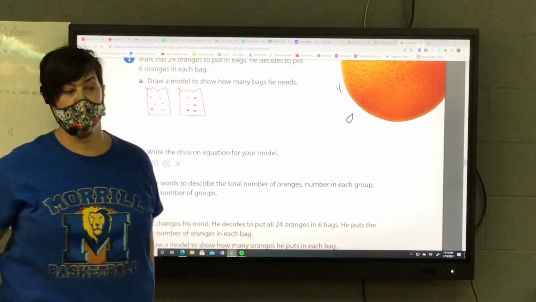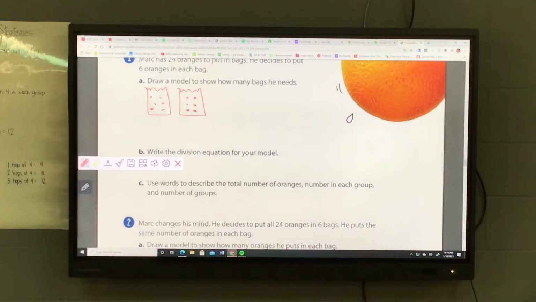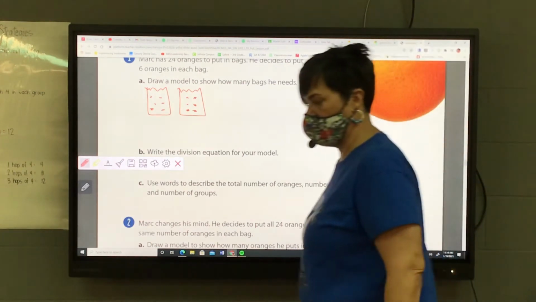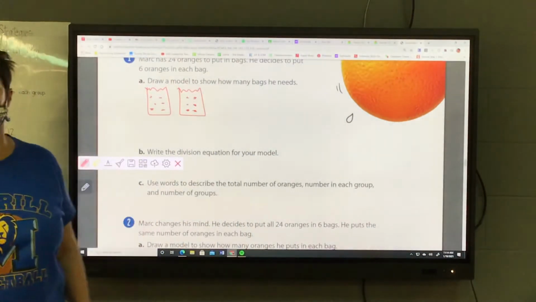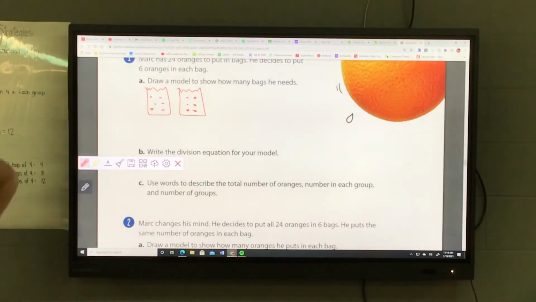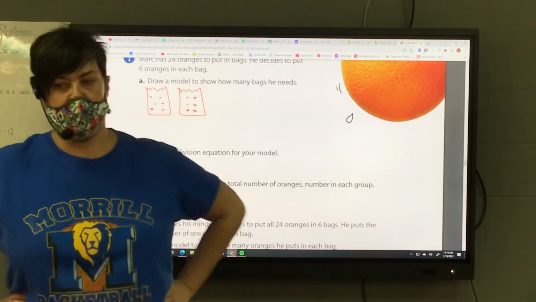You will continue to work to get up to those 24 oranges. This is when it's super handy to know those multiplication facts. Hands on your hips when you have that drawn for part A.